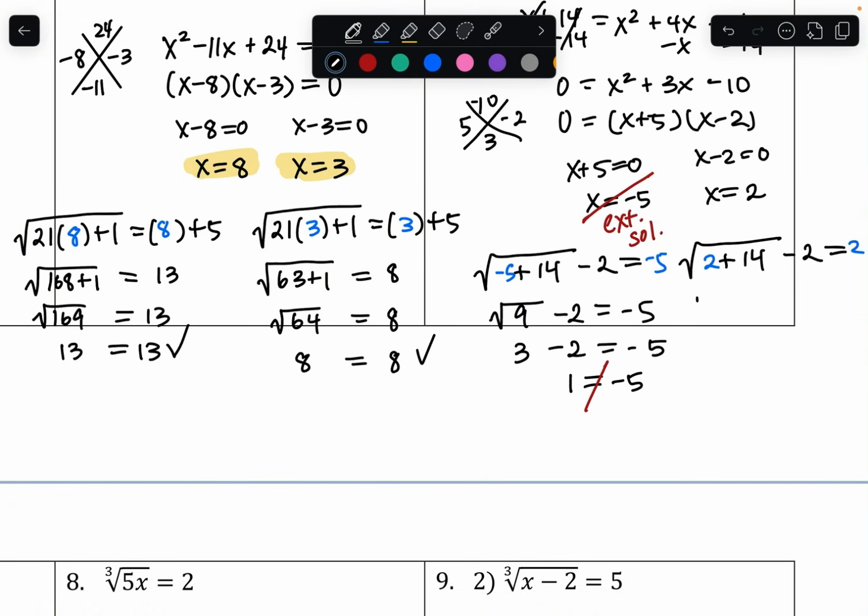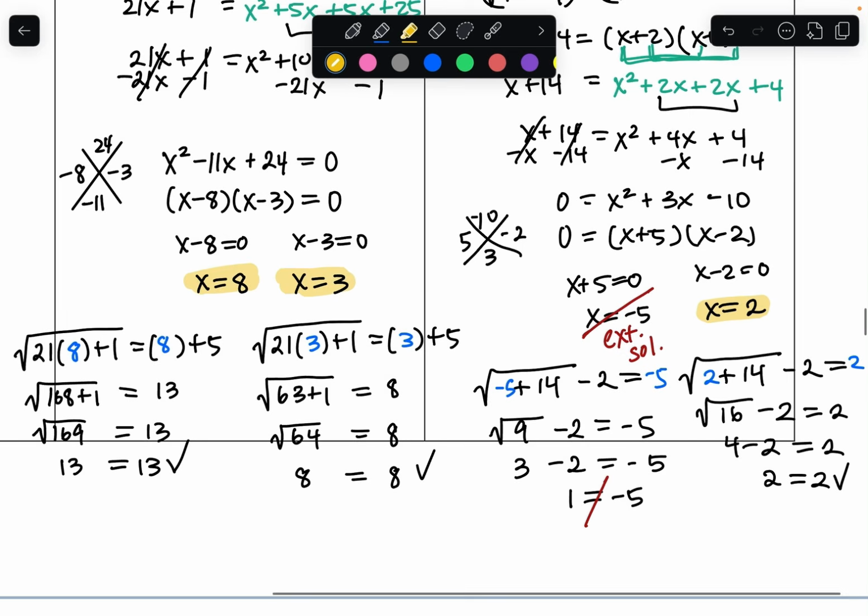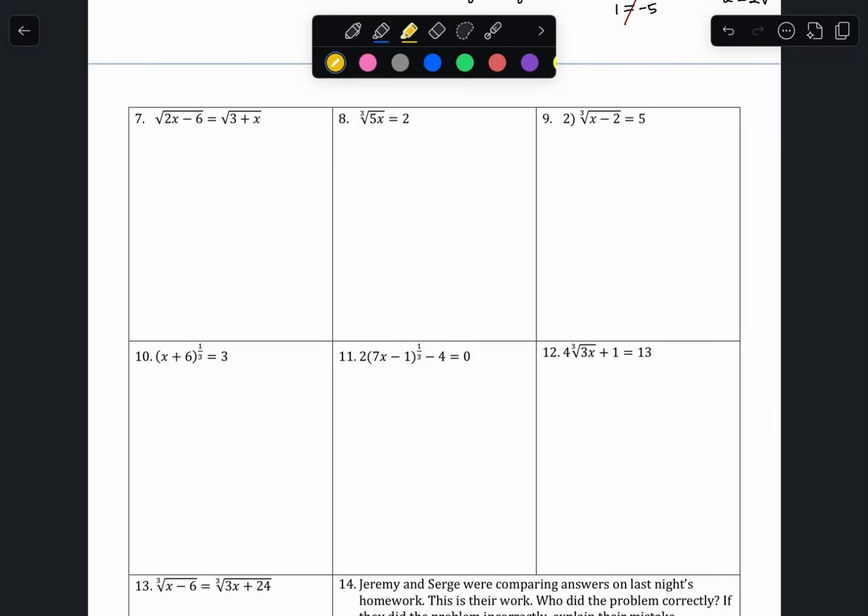Here I get square root of 16 minus 2 equals 2, which gives me 4 minus 2 equals 2, which gives me 2 equals 2, which does work. So your only solution for this equation is x equals 2, but you would still need to identify the negative 5 as an extraneous solution.